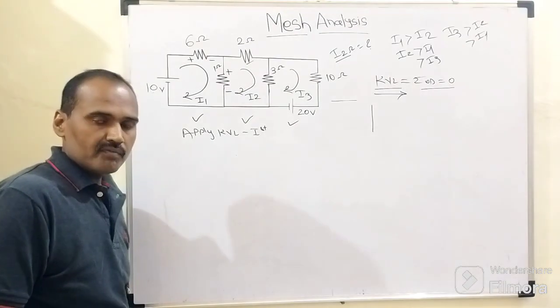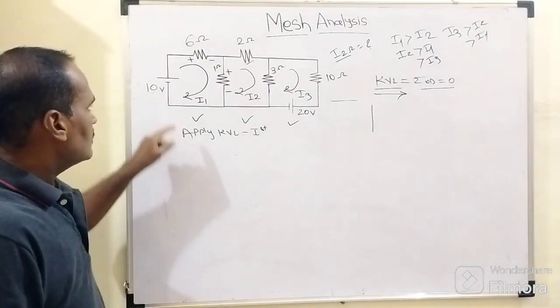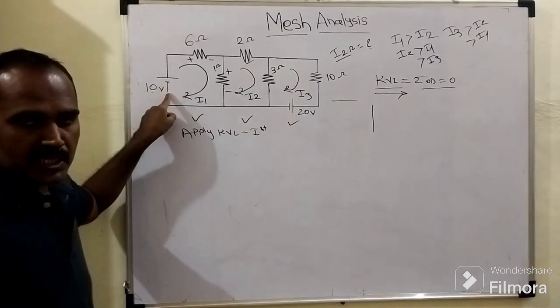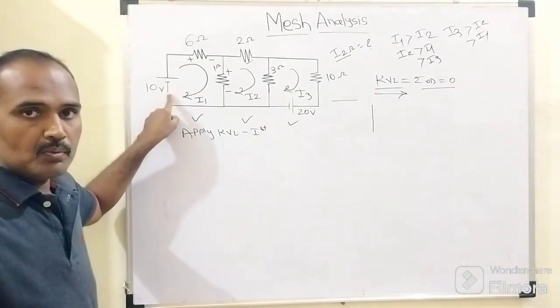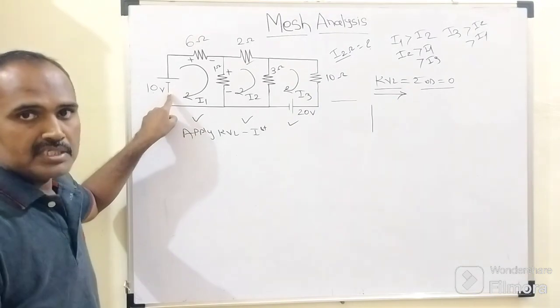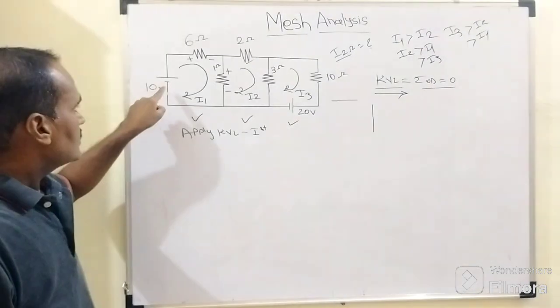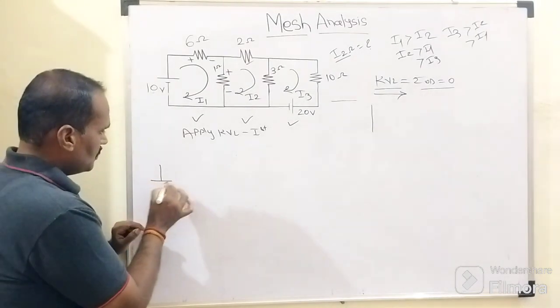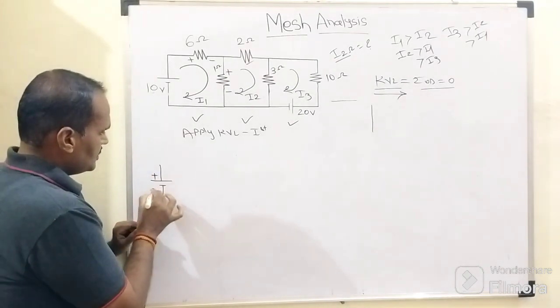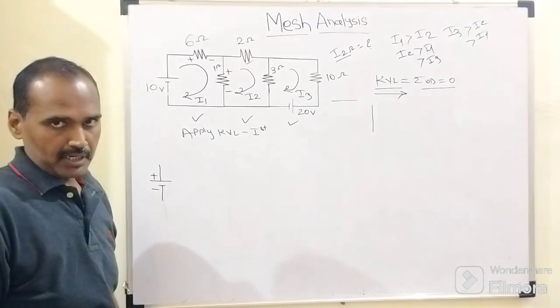As a result of applying KVL, what will happen when we start our journey with this 10 volt battery? Now, how do we map this 10 volt battery in the Kirchhoff voltage law strategy? See, this is how the battery looks. This is the positive and this is the negative terminal, right?